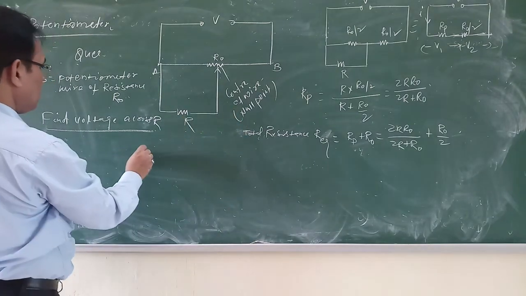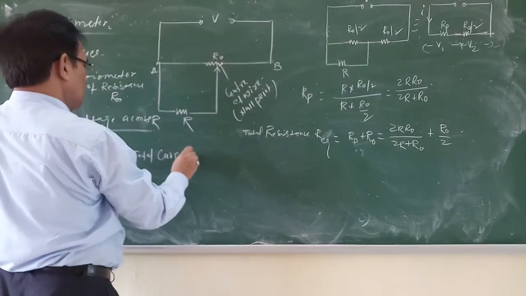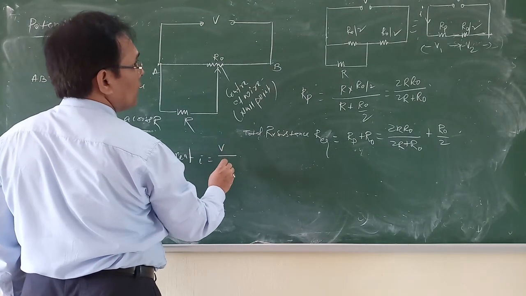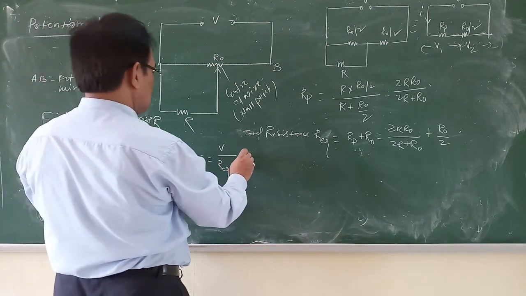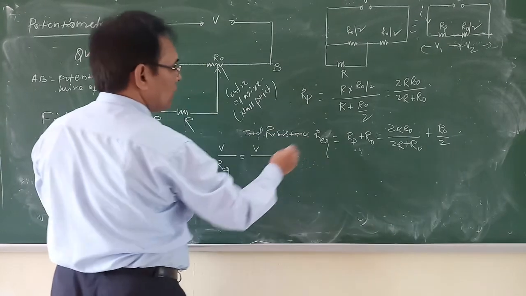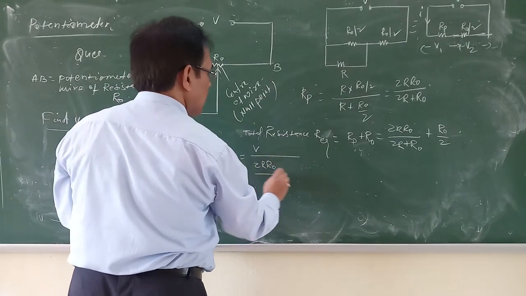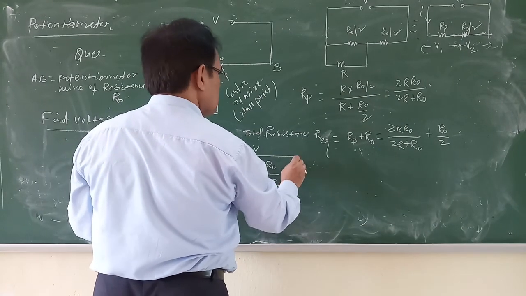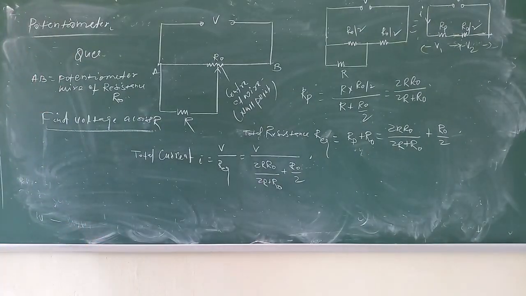So find the total current. Total current I equal to V by R equivalent, which is V by (2RR0 by 2R plus R0 plus R0 by 2). This is the total current.